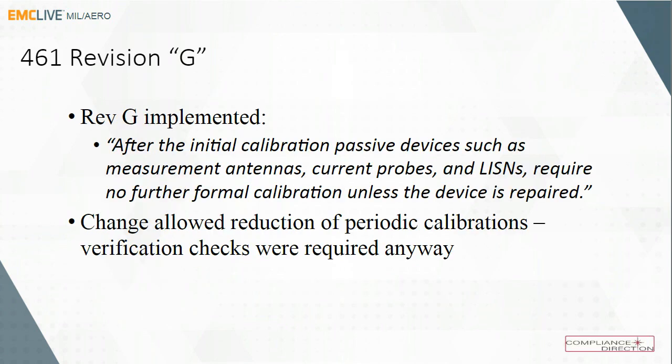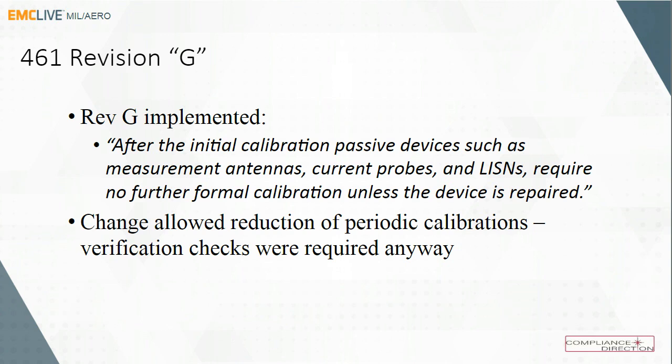MIL-STD-461G, released in late 2015, implemented a change in the calibration process, stating that after the initial calibration, passive devices such as measurement antennas, current probes, and LISNs require no further formal calibration unless the device is repaired.